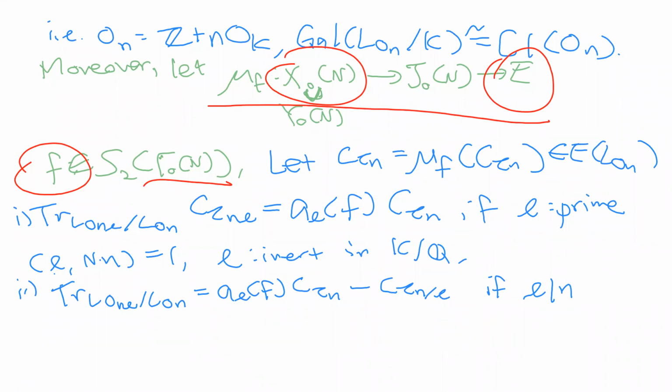And the third is what's called the congruence relation. That's a little more complicated. Say L is prime to the discriminant of K, which is not a big deal.